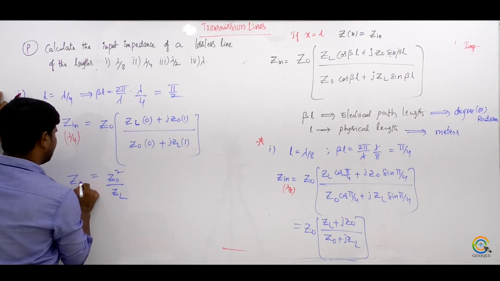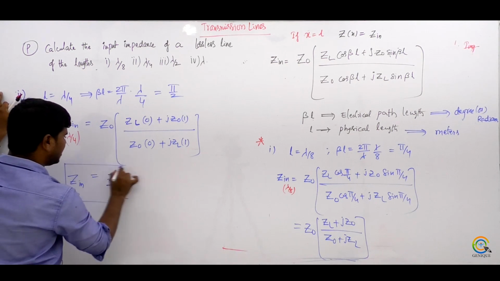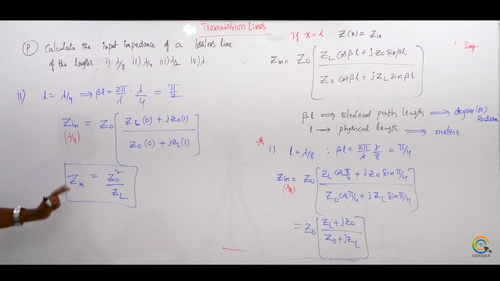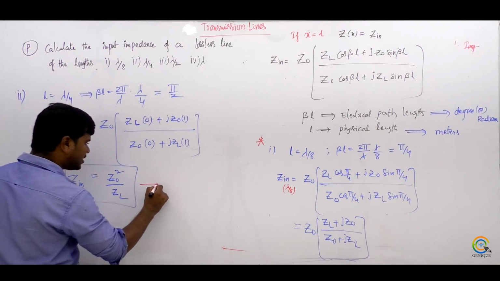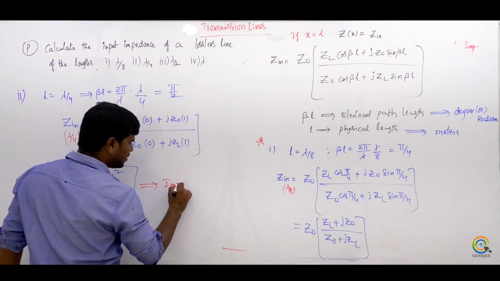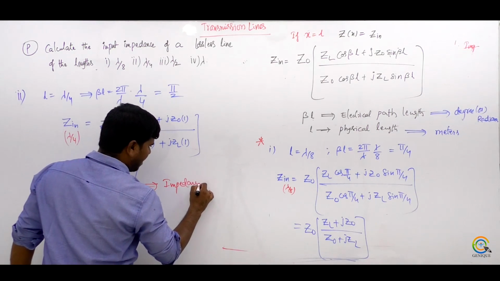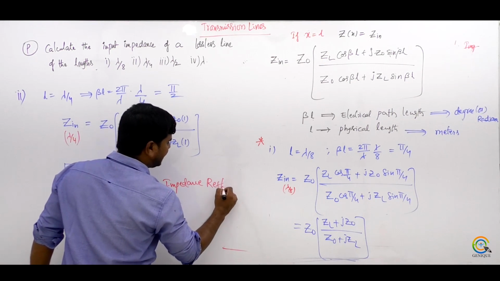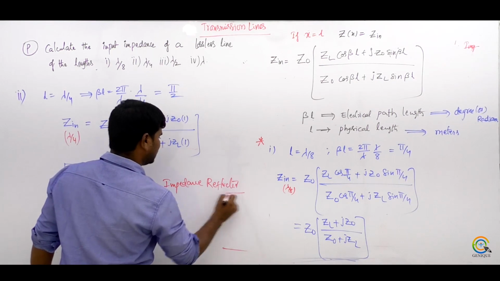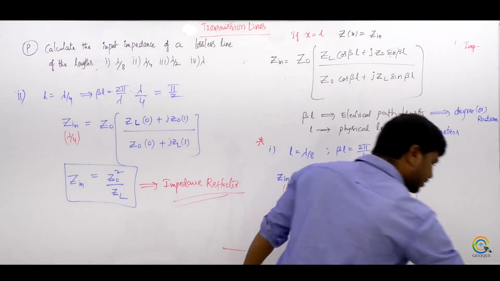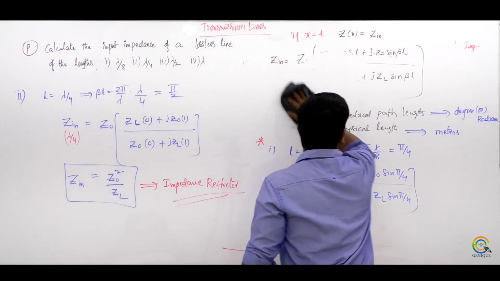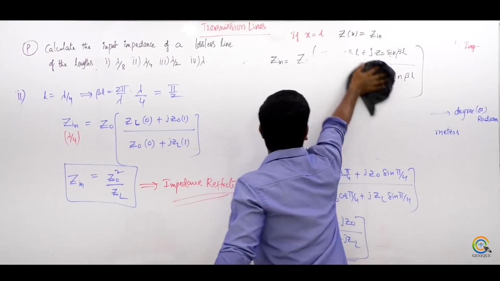This is Zin for the lambda by 4 line. It is also called the impedance reflector. We will see what the impedance reflector is later. Okay. Now come to the third one.